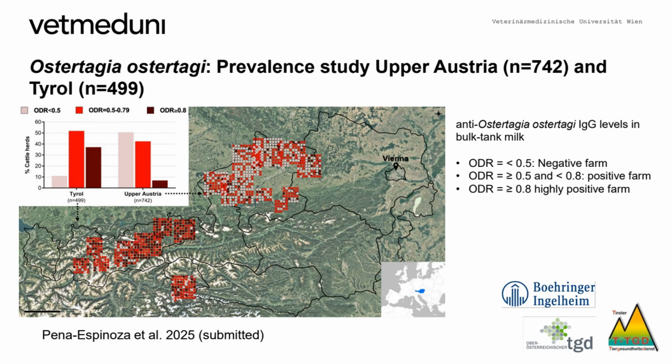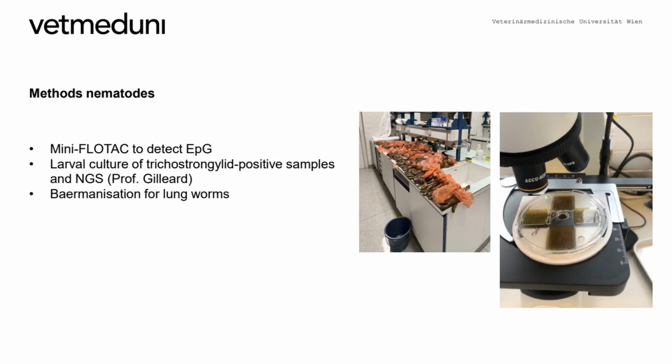And so this is again a bulk milk analysis on Ostertagia ostertagi, and so dark red is highly positive farms, red is positive farms, and we see there are a lot of positive and highly positive farms in Tyrol. Not surprisingly, because they are on pasture for a very long time.